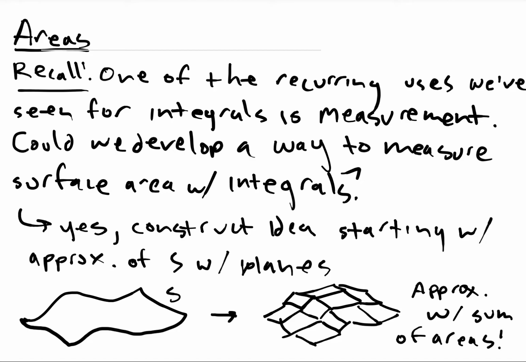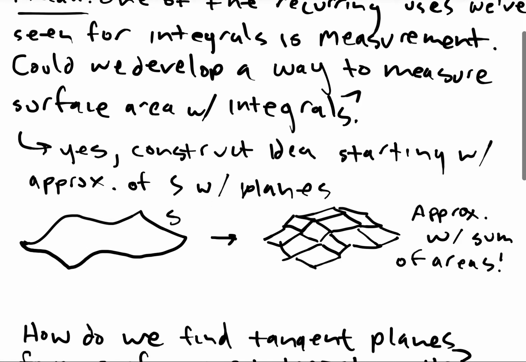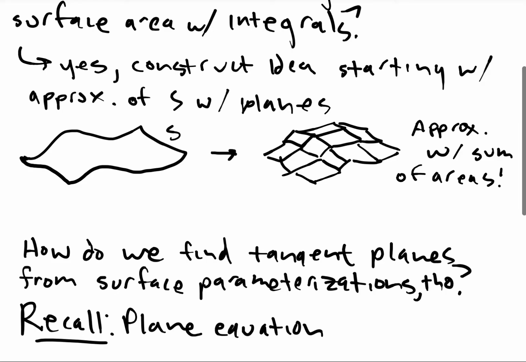Now, before I really jump into building that integral in the first place, I want to make sure that this notion of approximating by planes is something that I can do. So can I find, say, tangent planes for my surface? And yeah, we can do this, right?